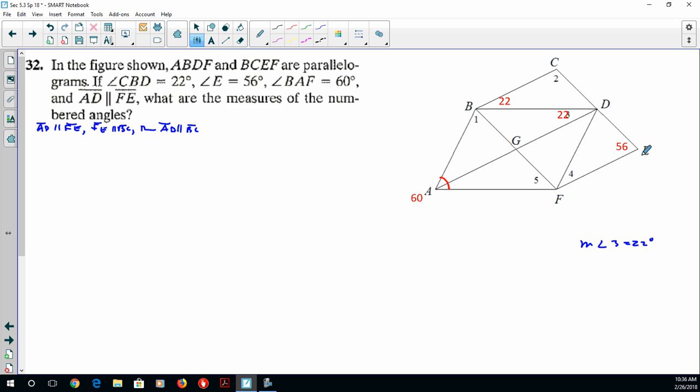So the measure of angle 2 is 180 minus 56, 124 degrees. Okay, so let's type that in, write that down someplace.